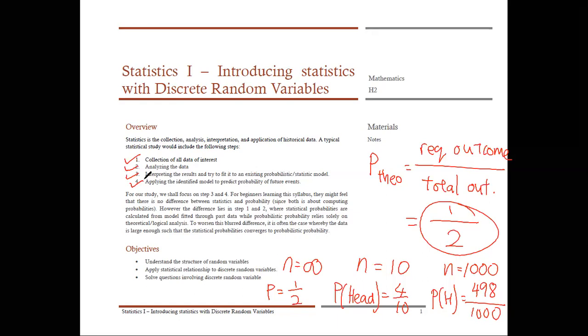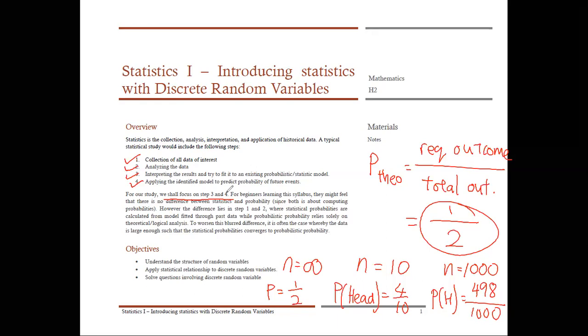Okay, so for our study, in this case, we actually shall focus only on steps 3 and 4. Of course, we are not going to ask you guys to go out there and collect data. Okay, we are just going to interpret the results, try to work out some parameters and fit it into a model. Okay, for our H2 syllabus, we are going to learn 3 models: a uniform distribution, binomial distribution, and also your normal distribution.